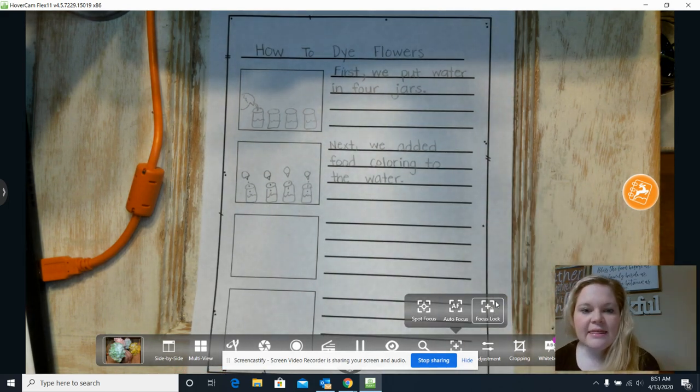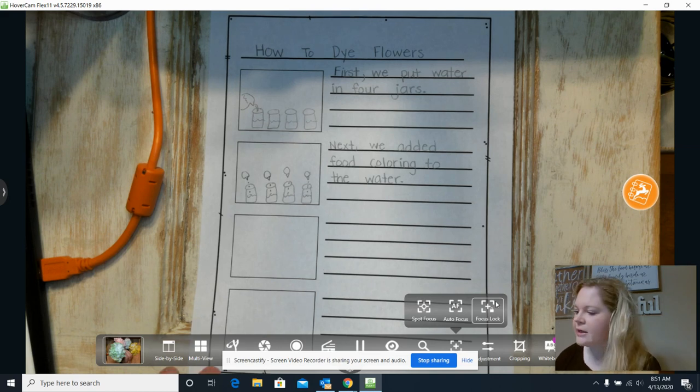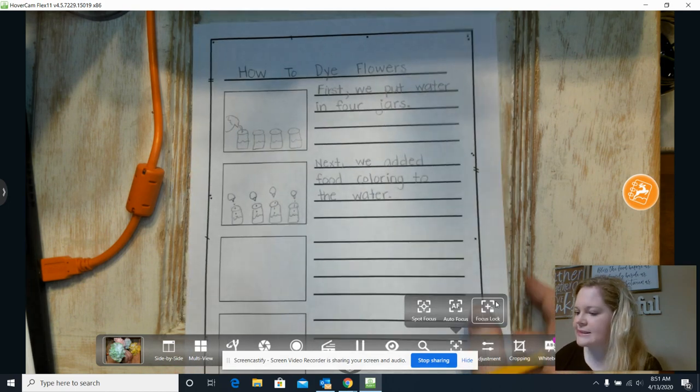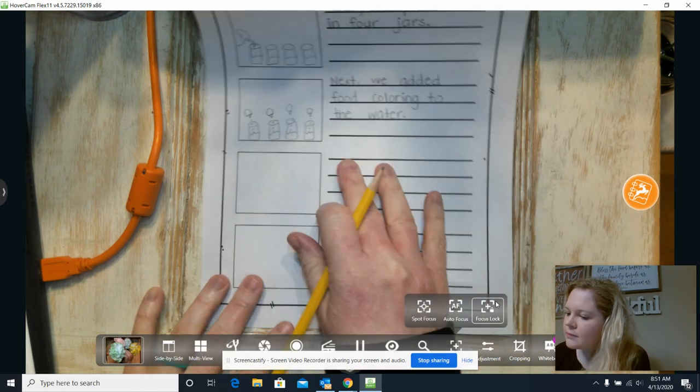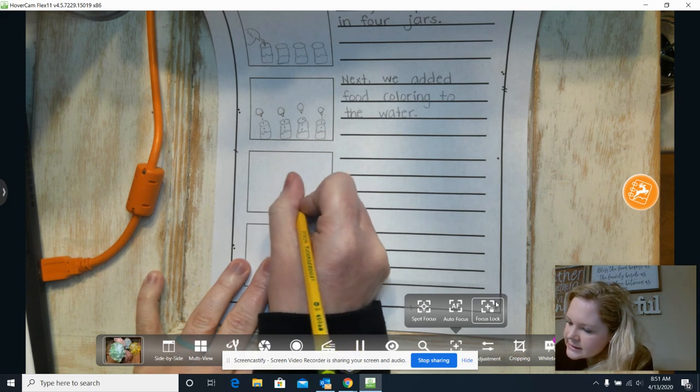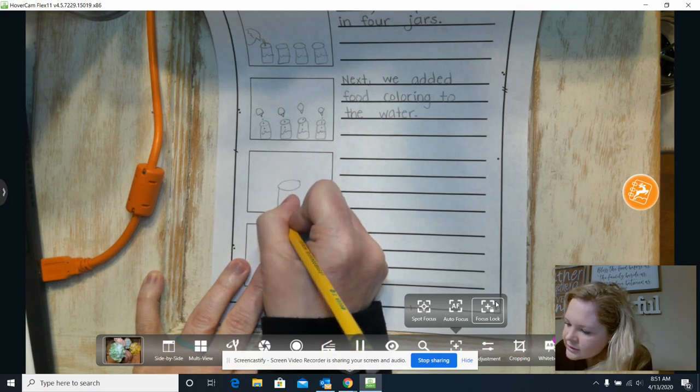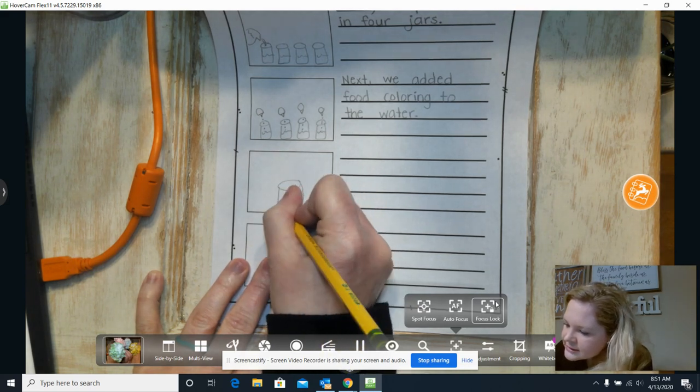Okay, then what did we do? We stirred the water. Remember? We stirred the water next with the spoon. This time I'm just going to draw one jar showing that we stirred it.